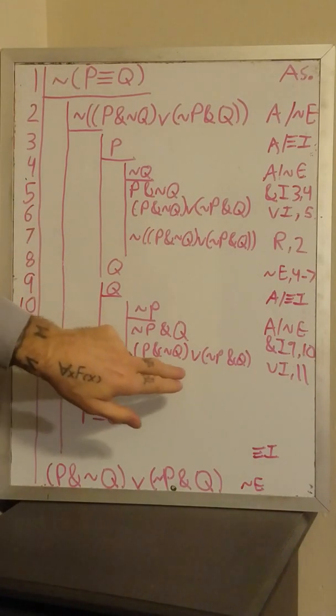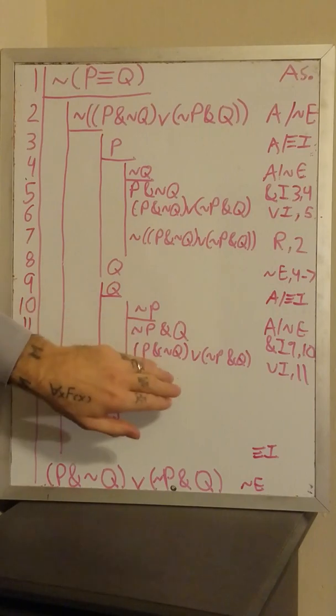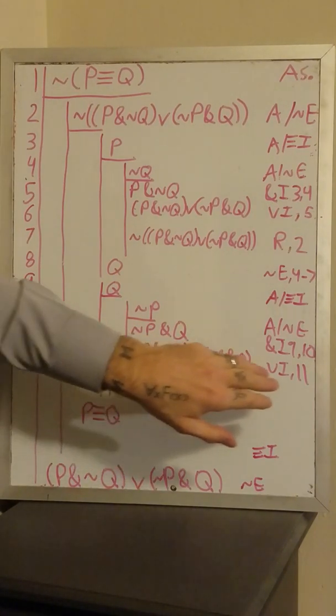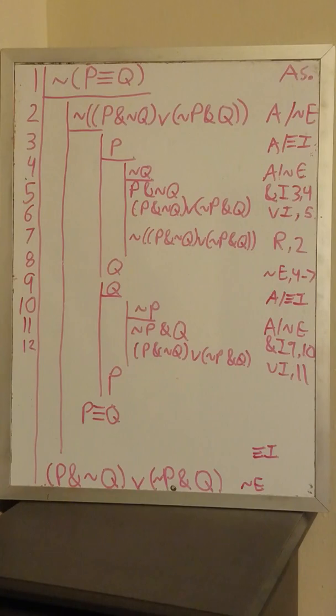And notice, with disjunction introduction, you can add your new thing on the left or you can add it on the right. It doesn't really matter.